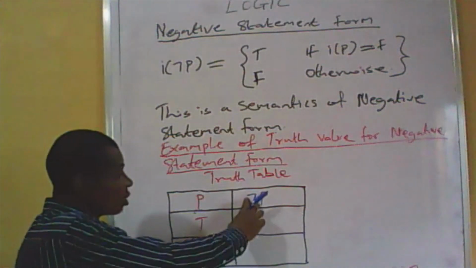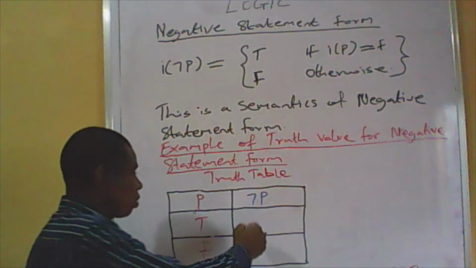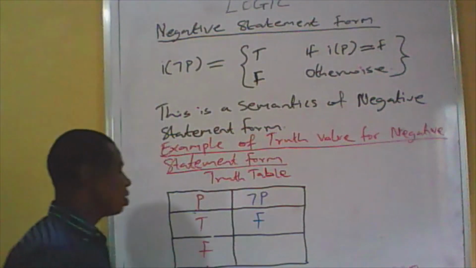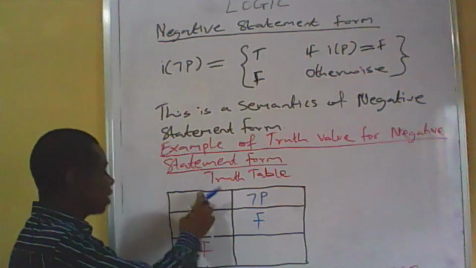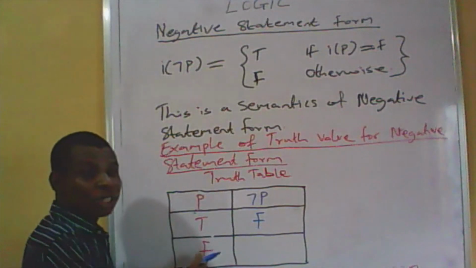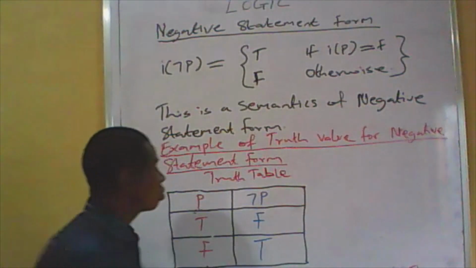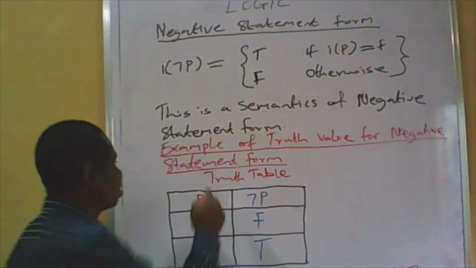Then here is going to be the opposite. So we have F here, because not P will be F. Here I assign P to F, so it's going to be the opposite, which is truth. This is the truth value for negative statement.